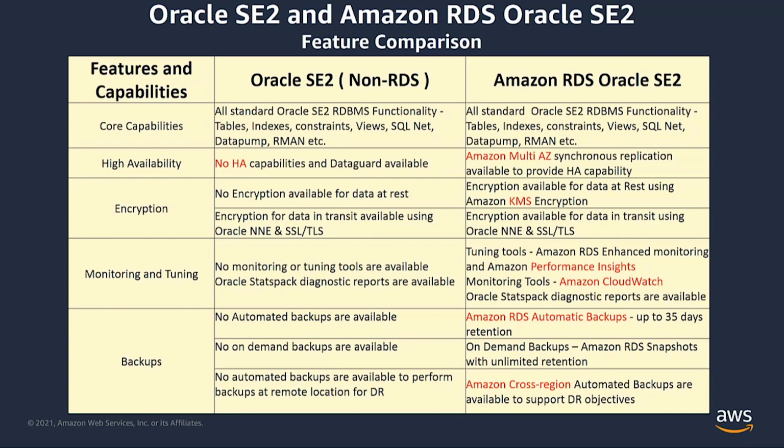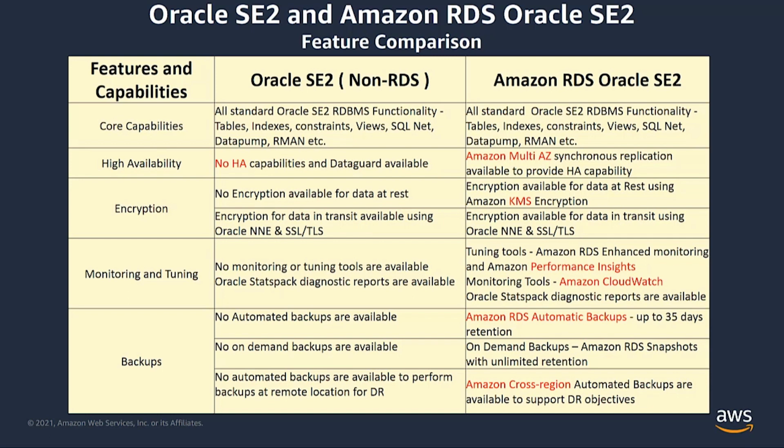For monitoring and tuning, there are no direct tools available. Diagnostic Pack, which is available in Enterprise Edition, is not available in Standard Edition 2. But Oracle StatsPack is available, which can be used to run reports for analysis.